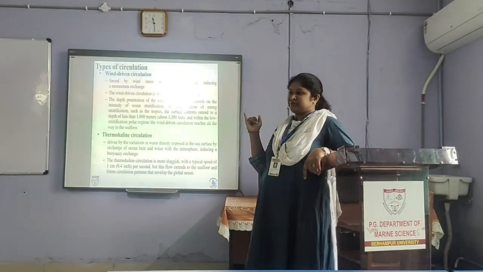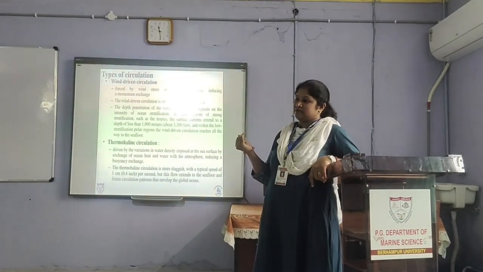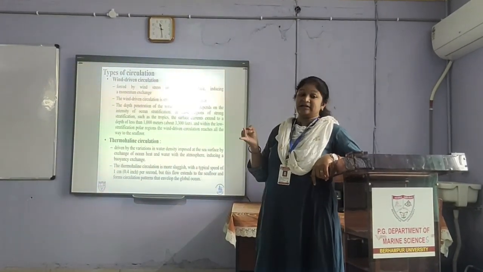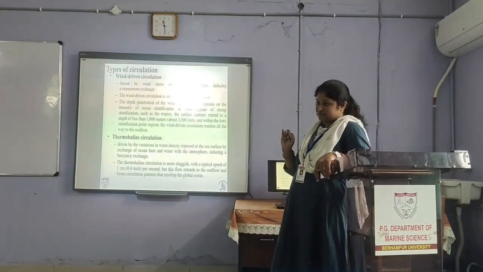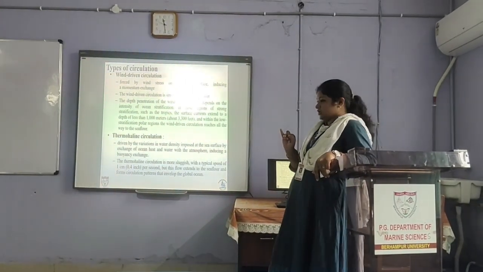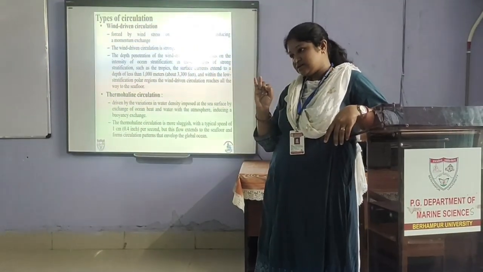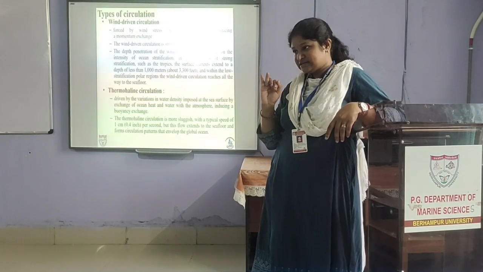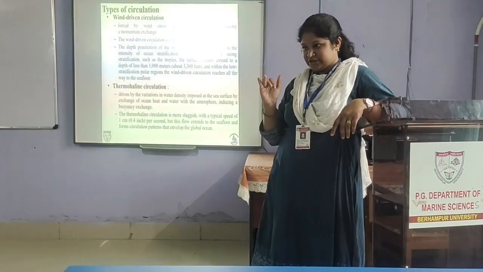Thermo means temperature, haline means salinity. To maintain the balance between temperature and salinity, thermohaline circulation occurs. And the component of temperature and salinity is called density. Density is the factor controlled by salinity and temperature.